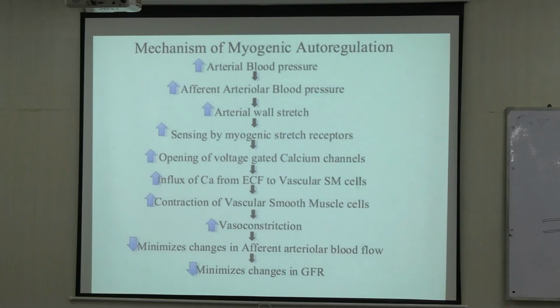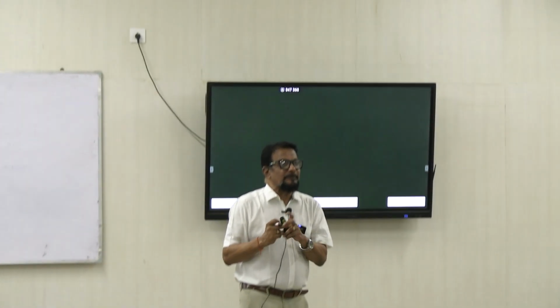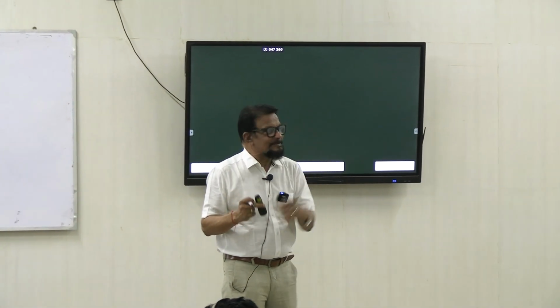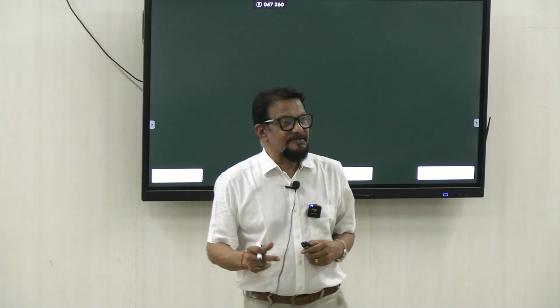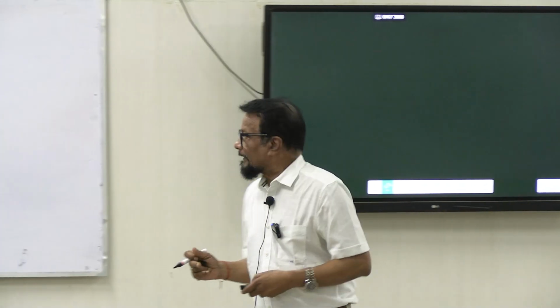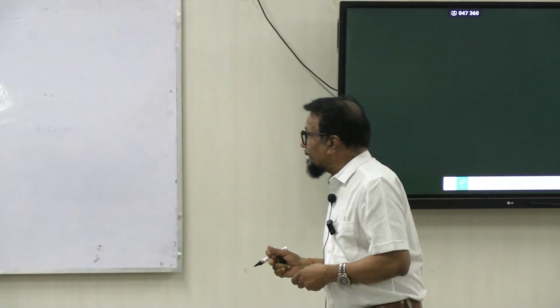Now calcium ions will enter the smooth muscle from the ECF into the cell. So there will be constriction, contraction of the smooth muscle. So the vessel will be constricted, blood flow will be reduced, pressure will be reduced. So this is the mechanism called the myogenic theory, control of blood flow by the myogenic mechanism. Okay, is that okay?